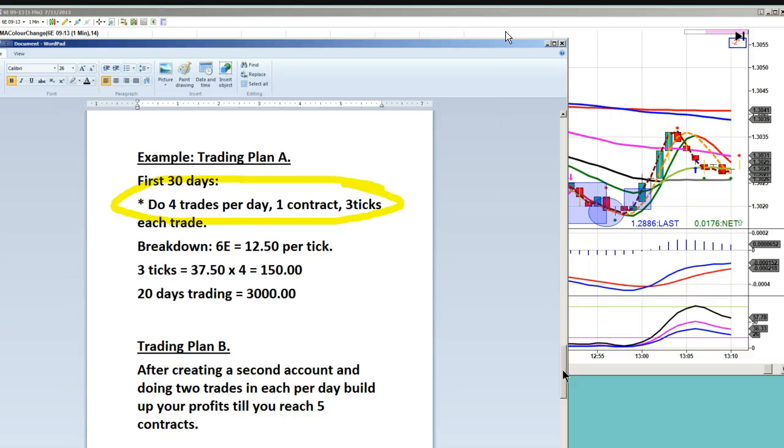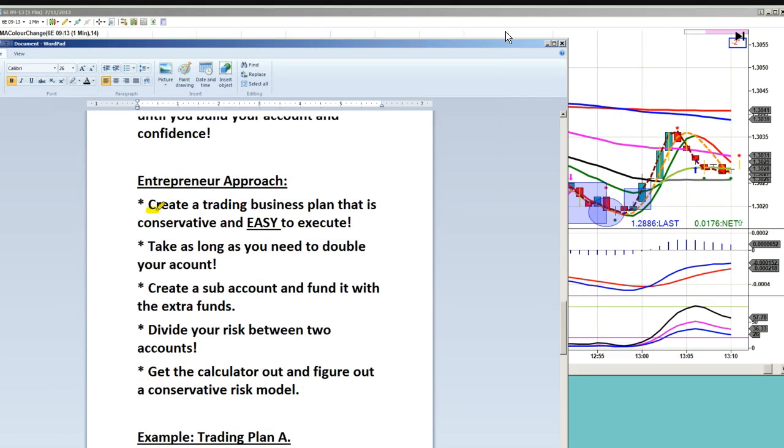Okay? Remember, create a trading plan that is conservative and easy to execute. Ask yourself, is your trading plan that you're currently doing easy? Do you feel like you're working very hard every day trying to find your moves?